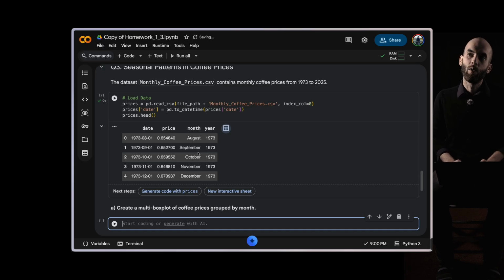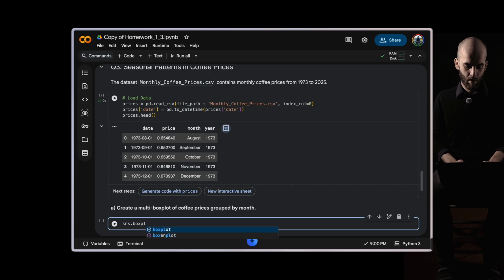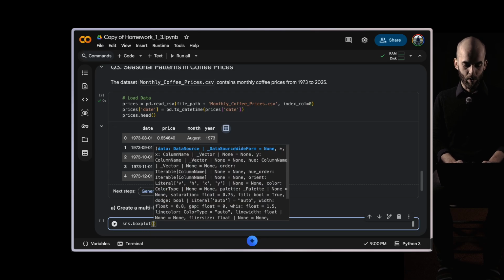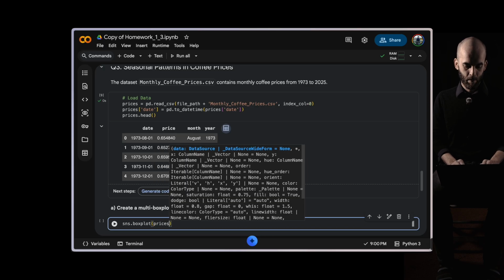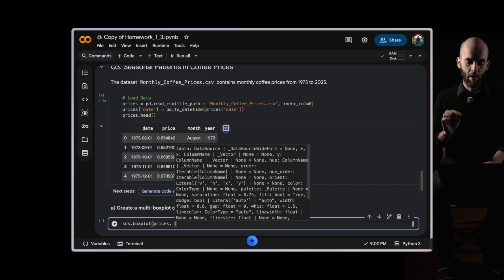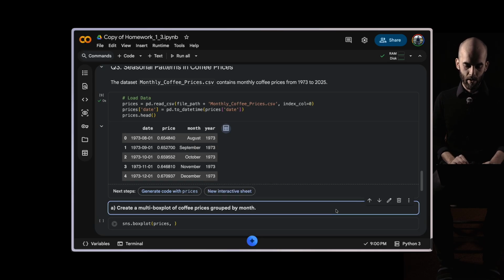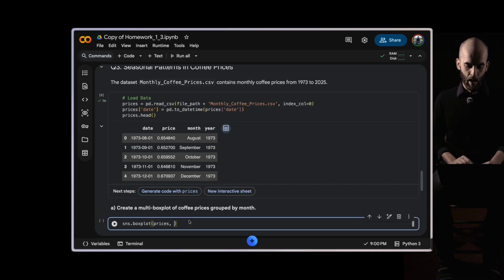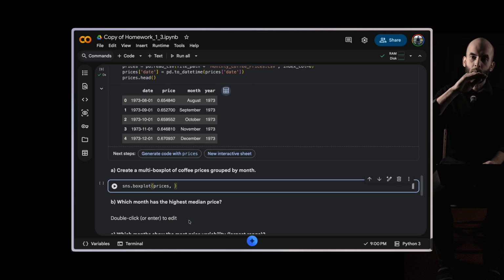And the way I would start this is by just constructing a box plot. So I have sns.boxplot. And then I'm going to give it the data set prices. Now, when I'm thinking about what this should look like, I want coffee prices. I'm going to use the horizontal axis to set up coffee prices.